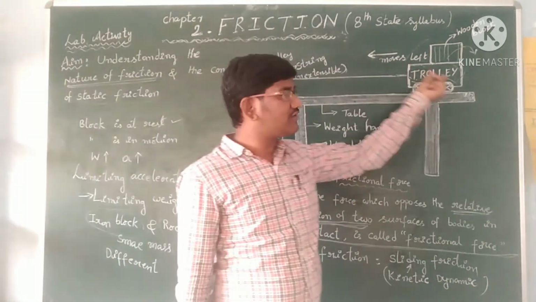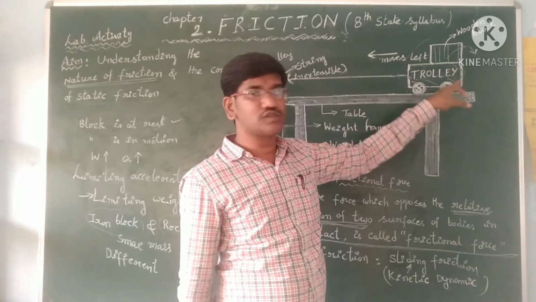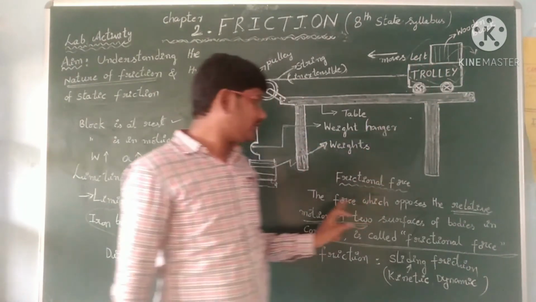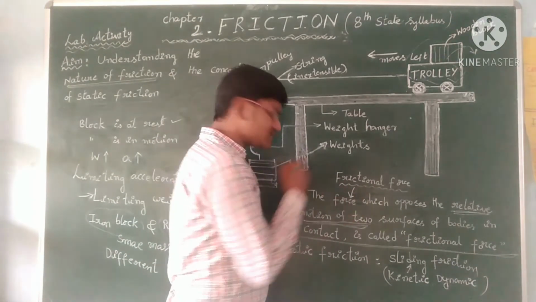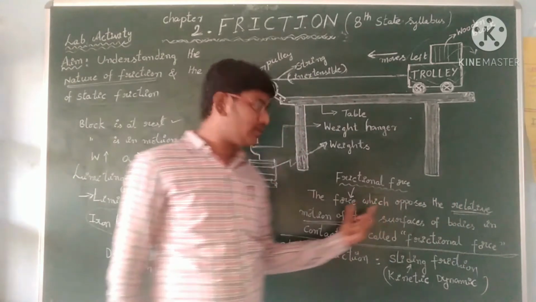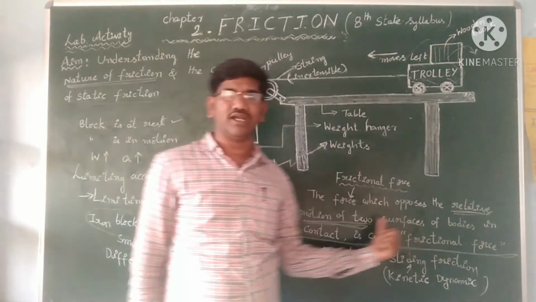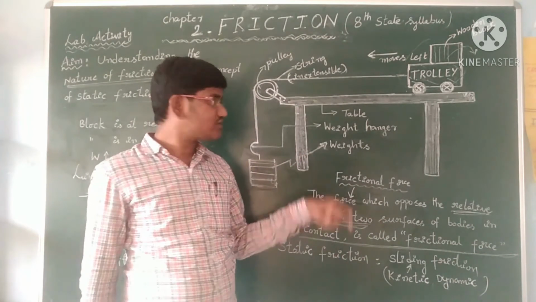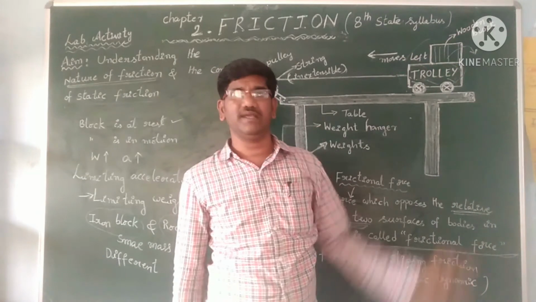It means that when we apply grease or some lubricant, the frictional force between these two reduces. Frictional force is just a force which opposes the relative motion of two surfaces of bodies in contact, and it reduces when you apply grease.